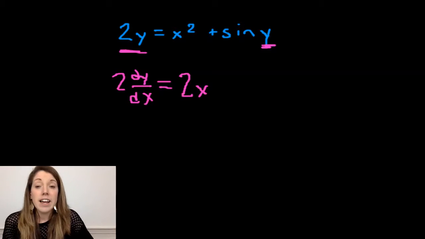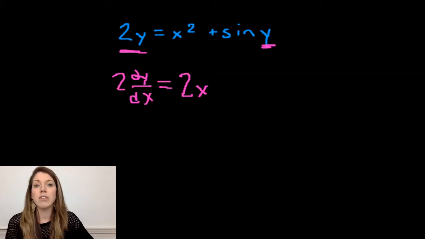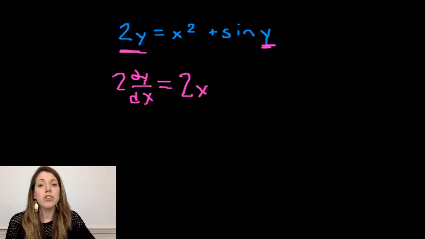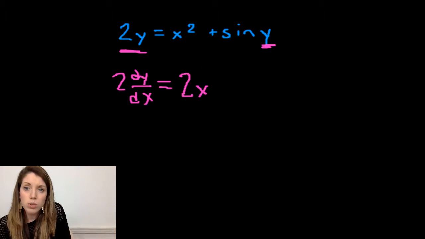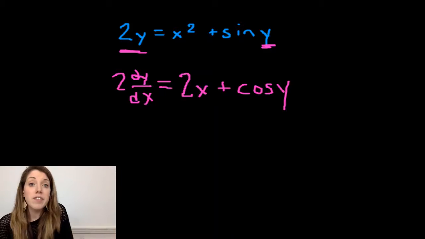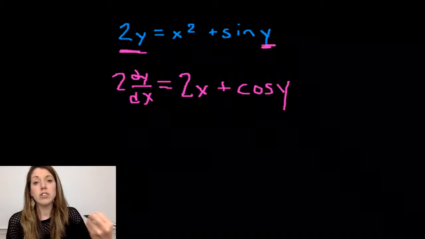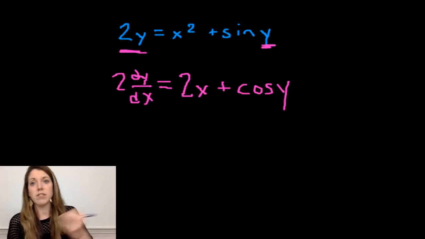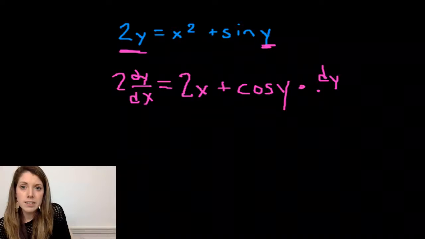Deriving sine of y, that's where we really see this idea of implicit differentiation, where we're implying that y is a function. Therefore, we have to use a chain rule. So the derivative of the outside function is just the derivative of sine is cosine, so it's plus cosine y. The derivative of the inside function is that we're just multiplying that by dy dx, the derivative of the inside function, times dy dx.